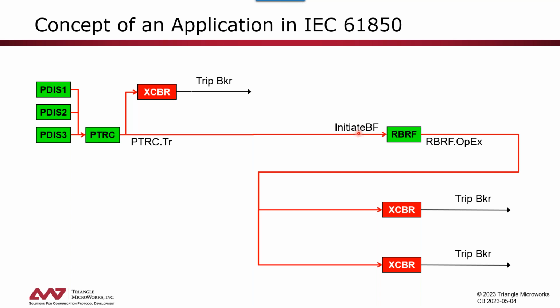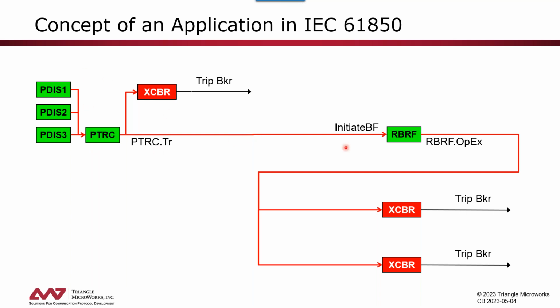We may also initiate the breaker failure function. The breaker failure function may do a retrip of the same breaker, which is not shown here. If that still fails, it has to trip all the neighbor breakers that can then help to clear the fault, and it does that with the signal rvrf.optex.